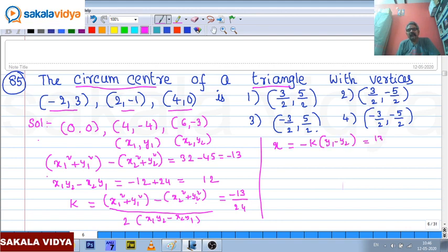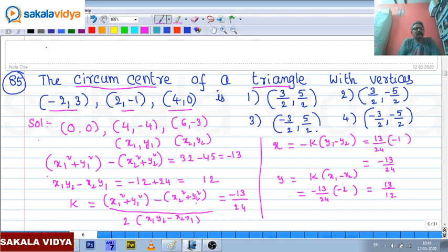So 13 by 24 into y1 minus y2. y1 minus y2 means here minus 1. Minus 13 by 24. Y will be k into x1 minus x2. So minus 13 by 24 into x1. x1 is 4 minus 6, minus 2. This will be 13 by 12.